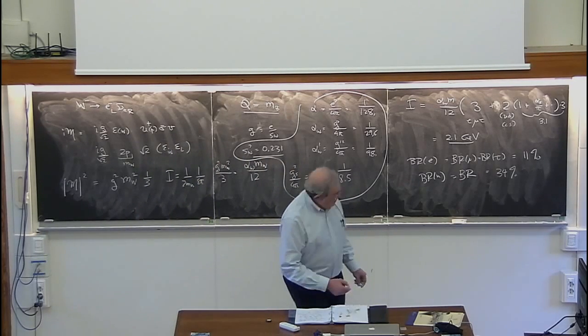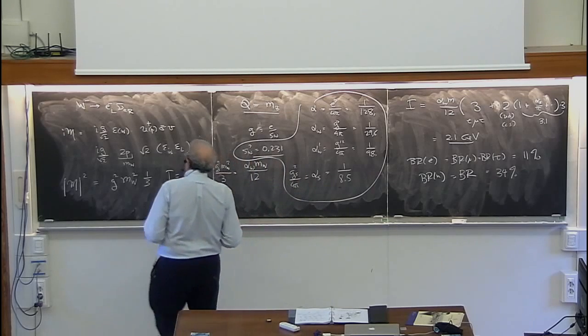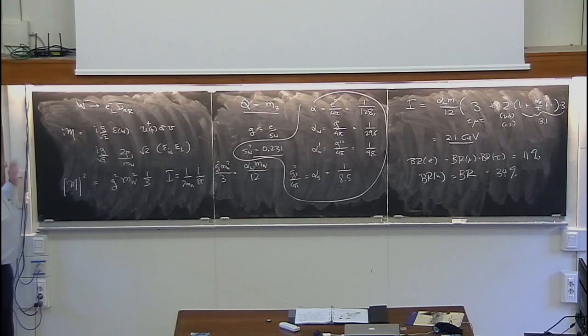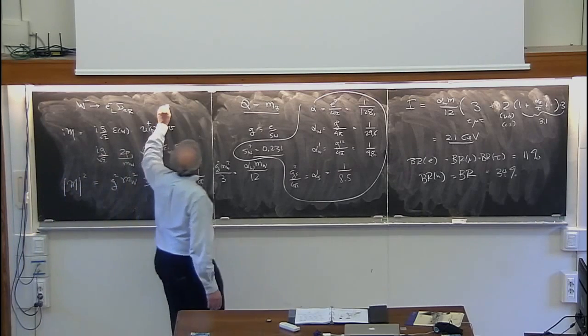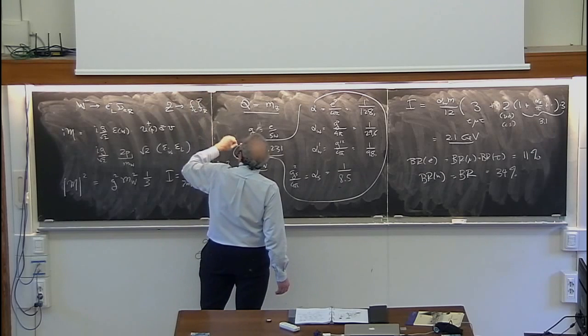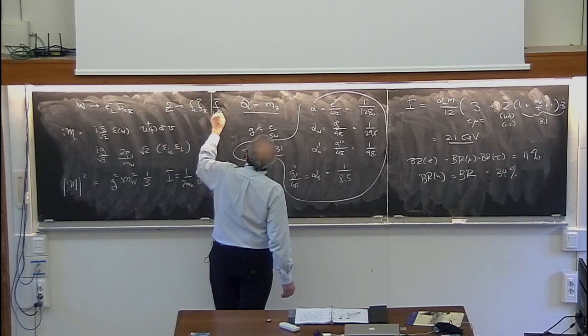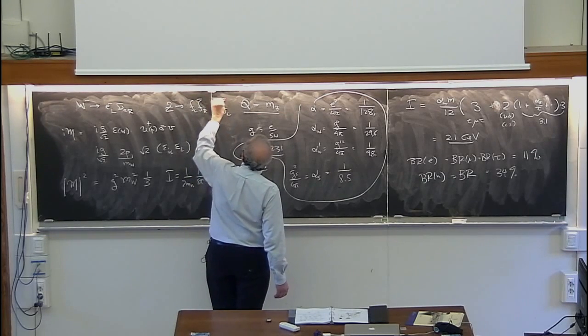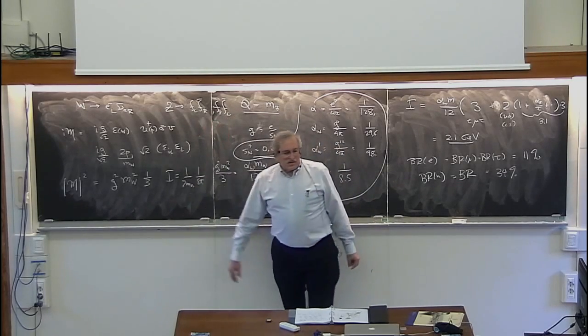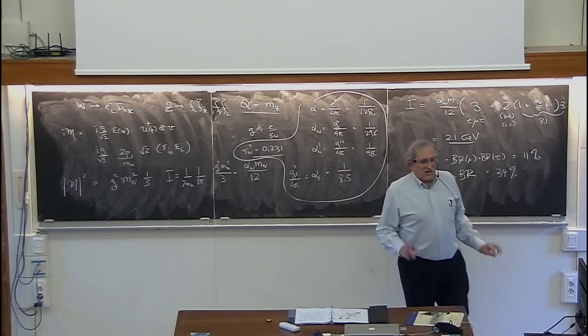Okay. For the Z, there's not much more that we have to learn than what's on this blackboard. The essential differences are that the Z can now decay to either left-handed or right-handed particles. However, the angular distributions, I've already explained to you the spinology of that.